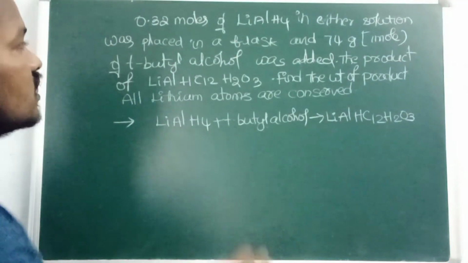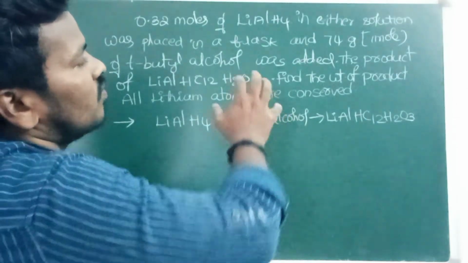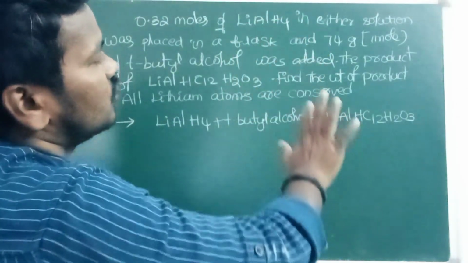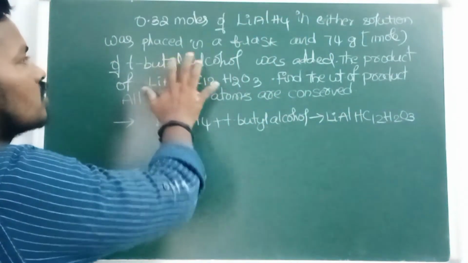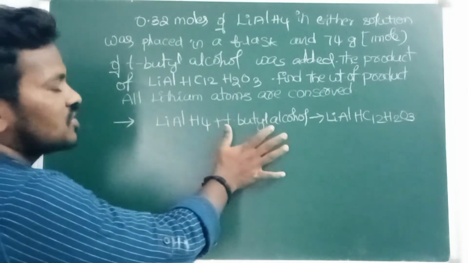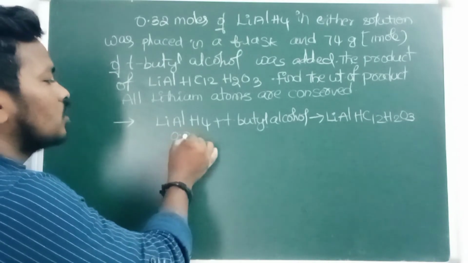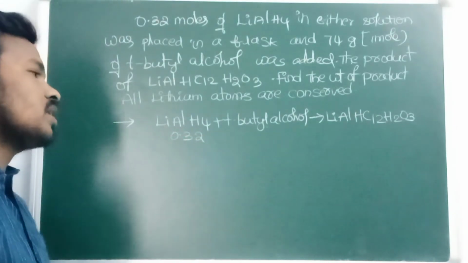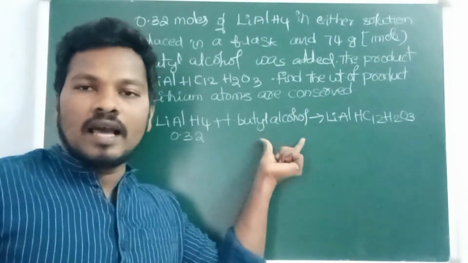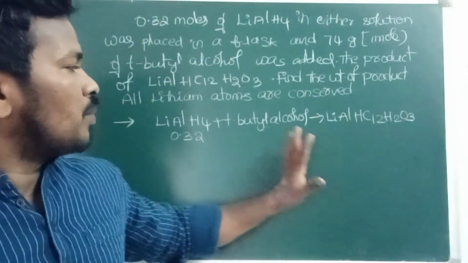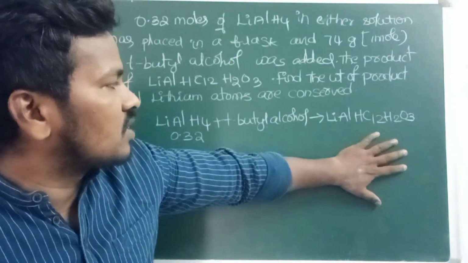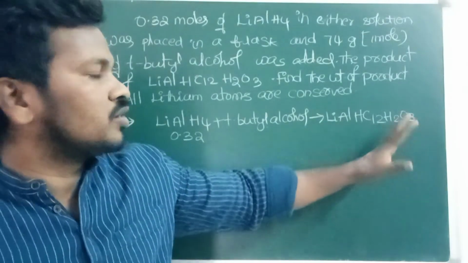So the next question. 0.32 moles of lithium aluminum hydride, LiAlH4, in ether solution, was placed in a flask with tertiary butyl alcohol. So this 0.32 moles they have taken, placed with the tertiary butyl alcohol. This time what will happen is it is converted into the product, LiAlH2.